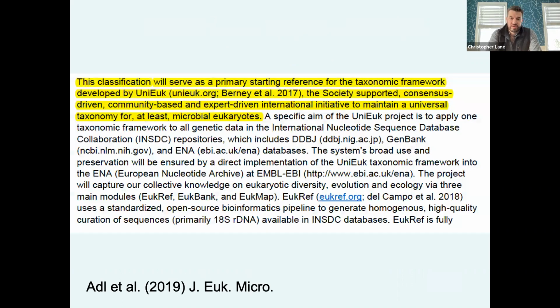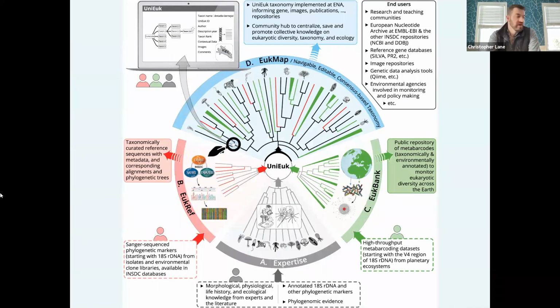So we moved to a bit of a different system, and this was introduced in this 2019 taxonomic framework. Essentially, what we've tried to do is form a functional framework for eukaryote taxonomy. And we're taking a forward-looking approach by involving DNA data and computational resources. What that looks like is a project called UniEuk, which you can see in the middle here.